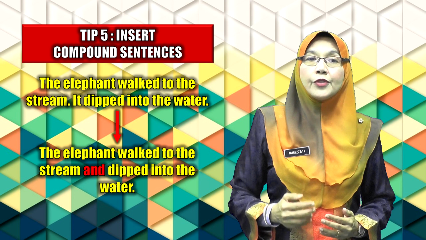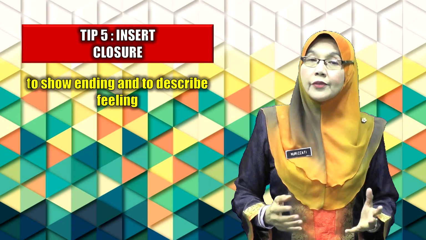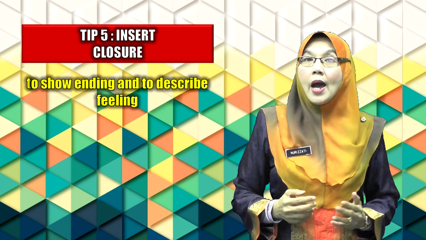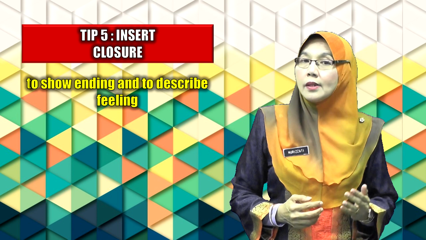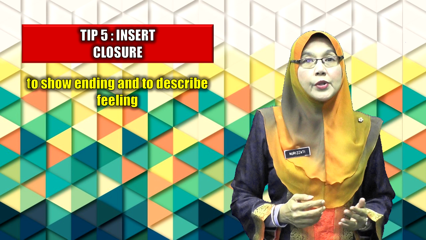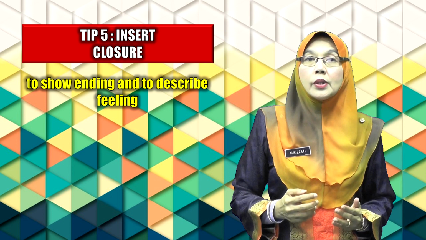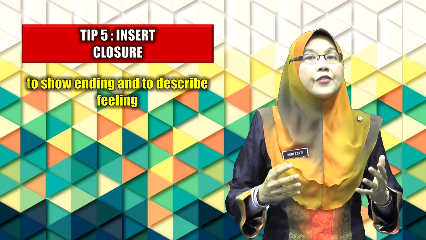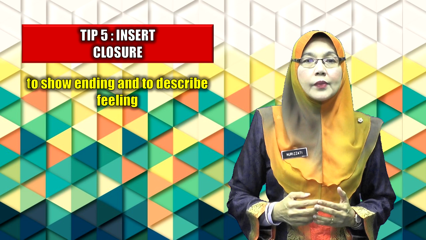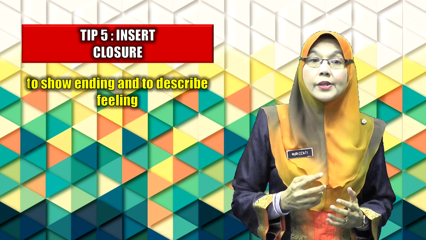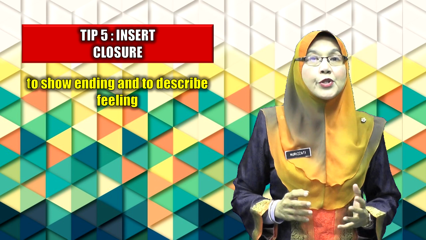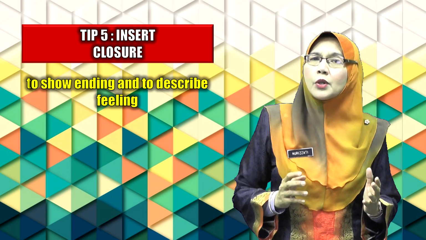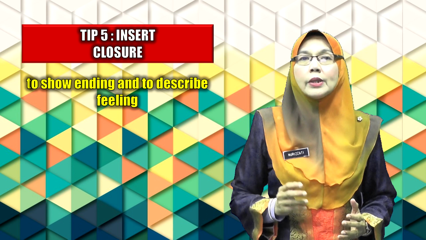Insert number 4 to describe feeling. Add closure to show the ending, the conclusion of the story, and also to describe the feeling. This you may write in paragraph 4 to show the end of the story and make a conclusion of the whole event.